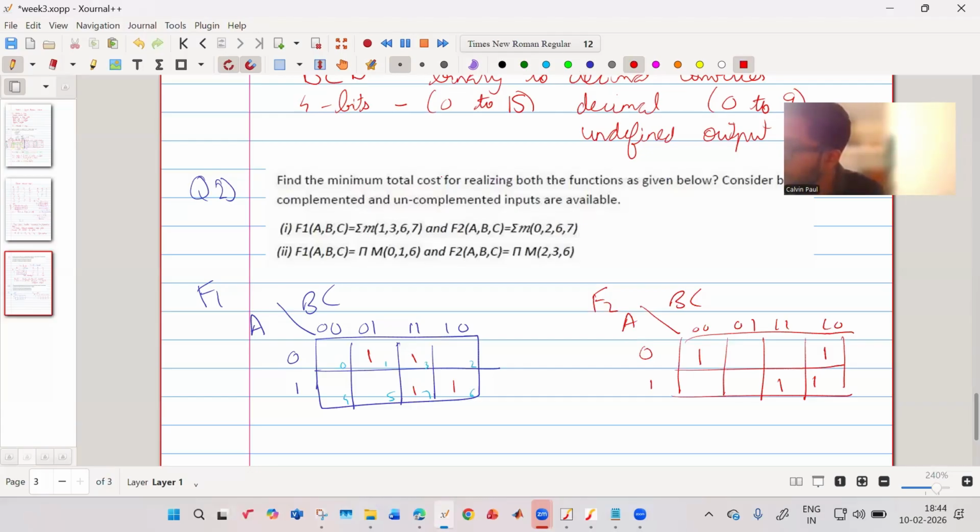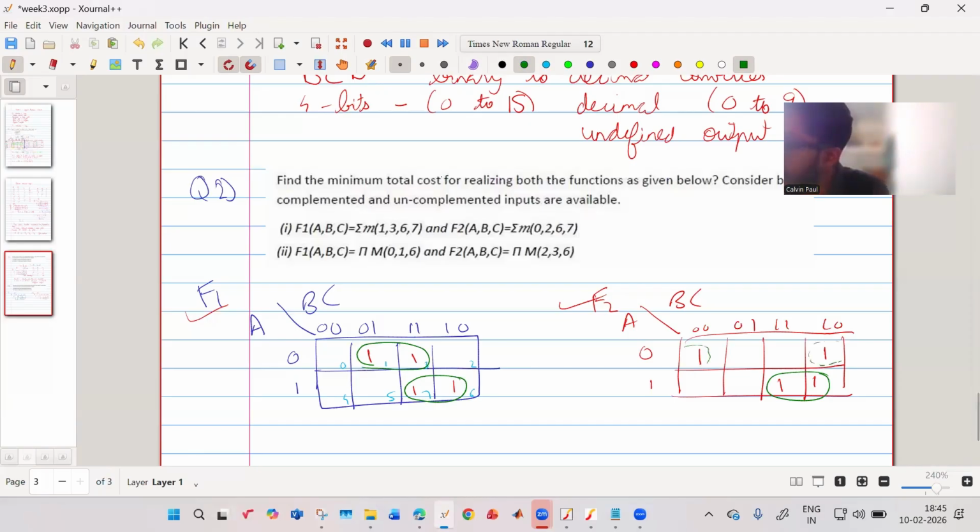Now, if I want to implement this, I want to get F1 and I also need to get F2. What you do is, you combine. You will draw, this is one combination, this is another combination, this is one combination, and this is another combination.